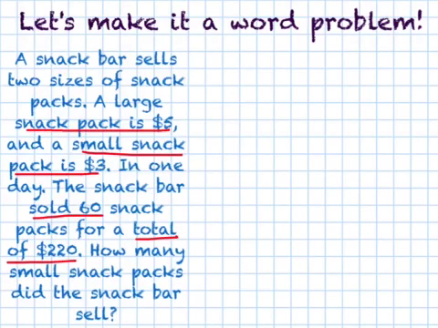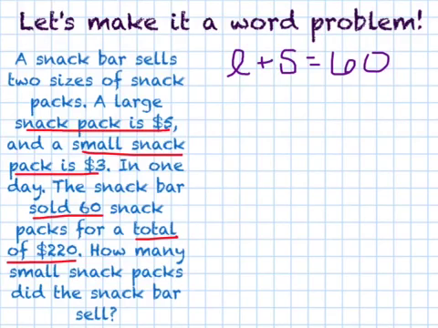So let's try to make 2 equations. I know one equation is my large snack pack, we'll call that L, plus my small snack pack, we can call that S. That is going to equal 60 snack packs sold total.